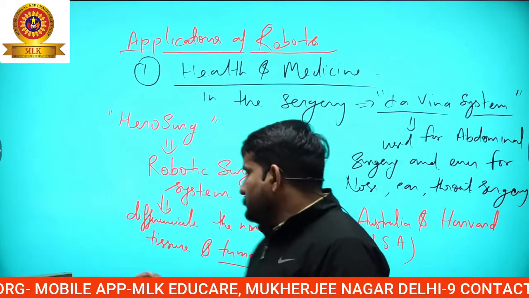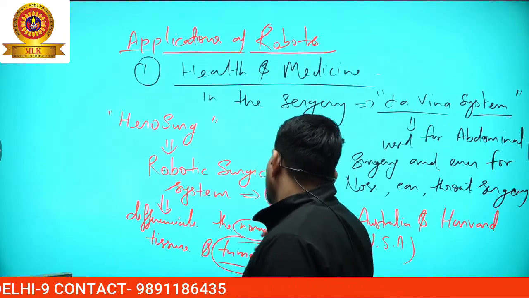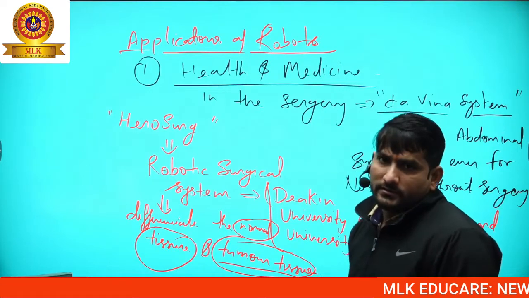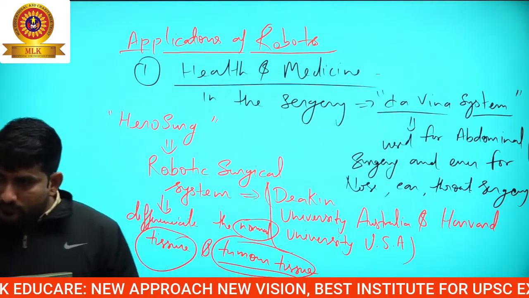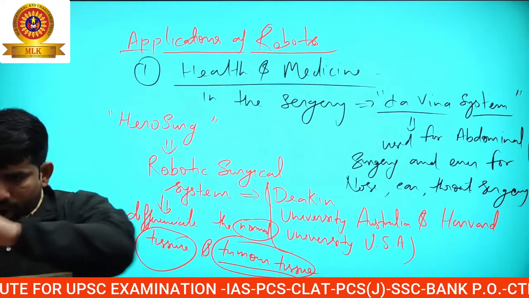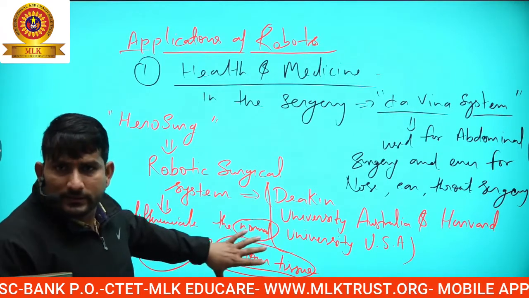तो ये इन दोनों के बीच में क्या करता है? डिफ्रेंशिएट करता है नॉर्मल टिश्यू एंड द ट्यूमर टिश्यूज के बीच में. कौन? ये हमारा हीरो सर्ज रोबोट. ओके, रोबोटिक सर्जिकल सिस्टम. अच्छा, और इसका ये एक तो डिफ्रेंशिएट करता है.